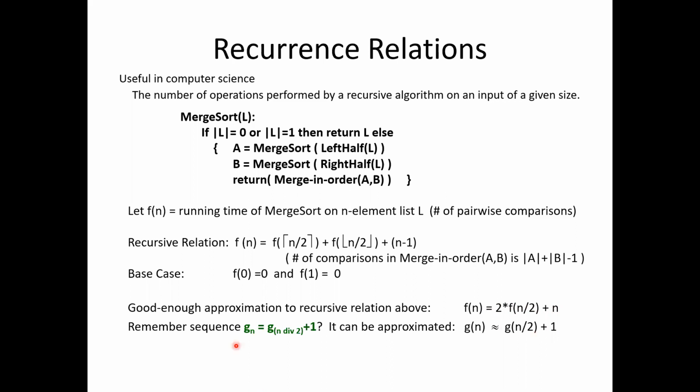But remember, we had a case like this, because this sequence, a few slides back, basically can be approximated as this. The nth value of the sequence is about the value of the sequence at half the index plus 1. What goes on in here is pretty similar.